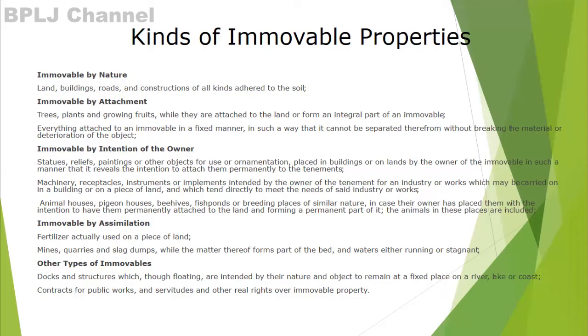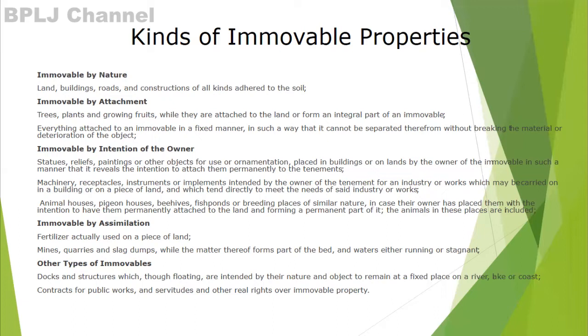Another kind or classification of an immovable property are as follows: statues, reliefs, paintings, or other objects for use or ornamentation placed in buildings or on lands by the owner of an immovable in such a manner that it reveals the intention to attach them permanently to the tenements.